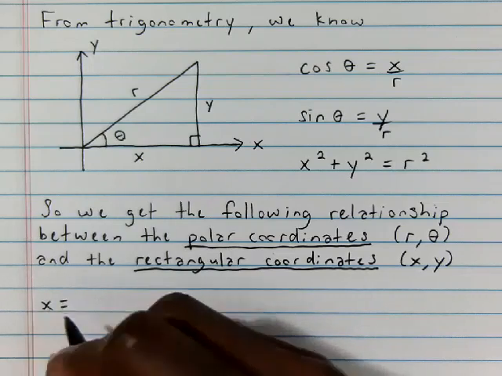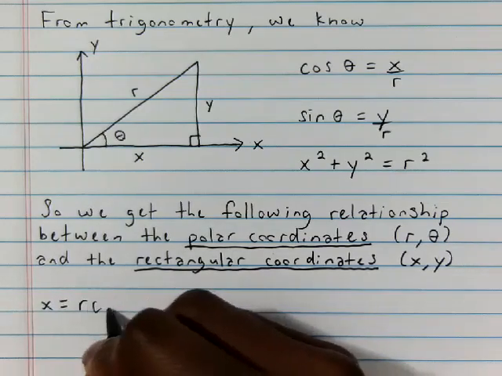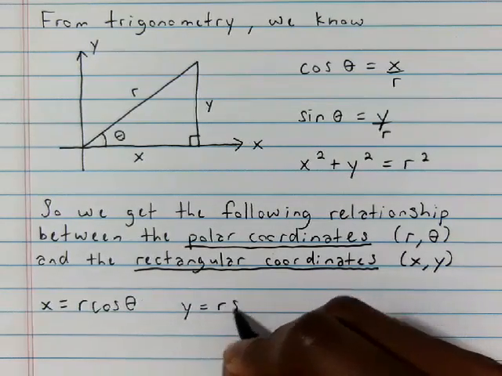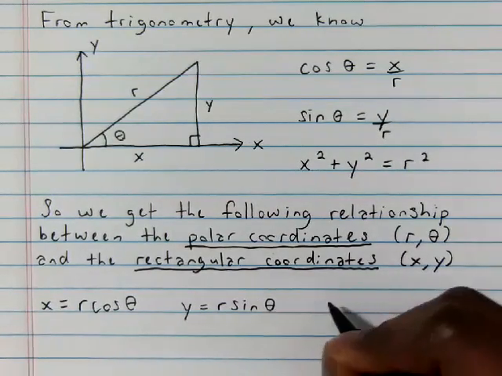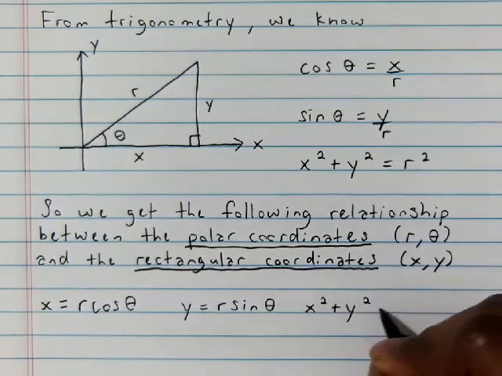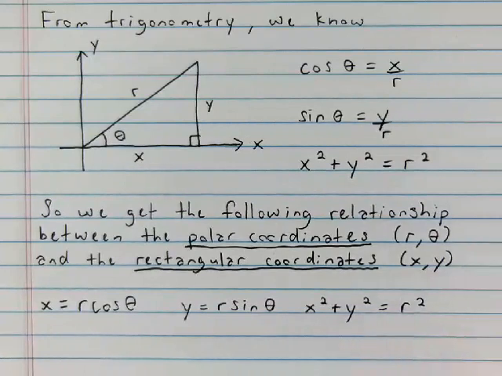So we have x equals r cosine theta, y equals r sine theta, and x squared plus y squared equals r squared. So now we can go back and forth between polar coordinates and rectangular coordinates.